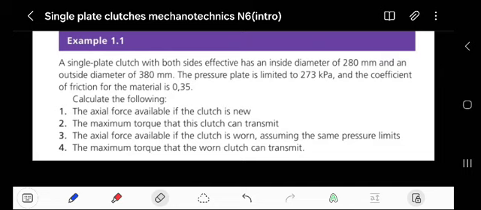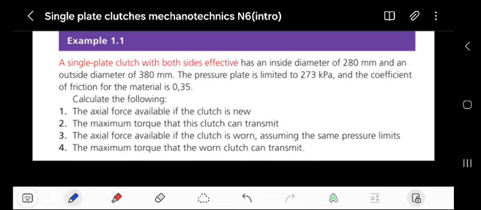Example 1.1. So we're dealing with a single plate clutch with both sides effective.